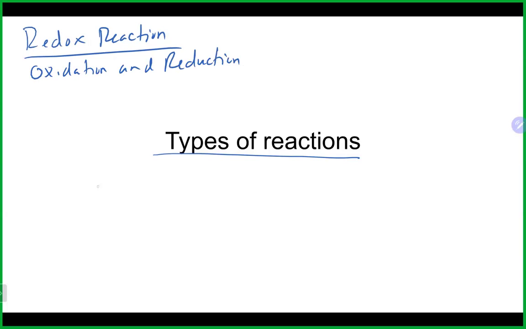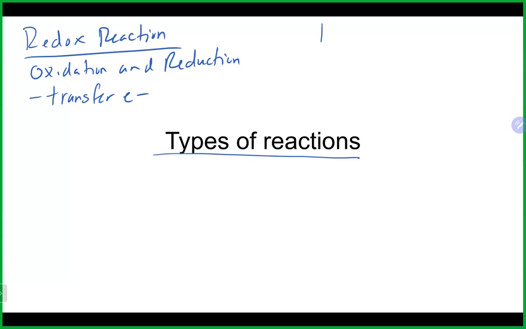But essentially, it involves a transfer of electrons. So there's really a transfer of electrons happening in this particular case. And that's a big classification of reactions, which are sometimes referred to as redox reactions. Underneath that big classification are more specific ways you could classify a reaction, as we'll talk about, things like synthesis reactions, decomposition reactions, single replacement reactions.